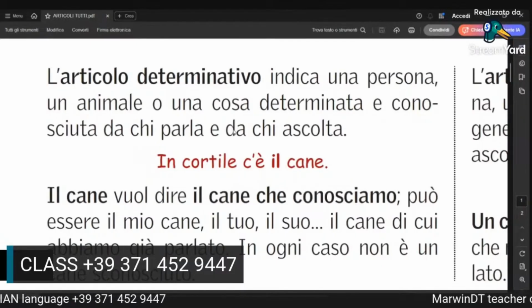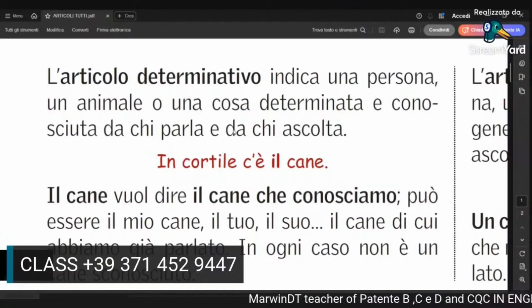That's the definition of articolo determinativo. Is that clear?